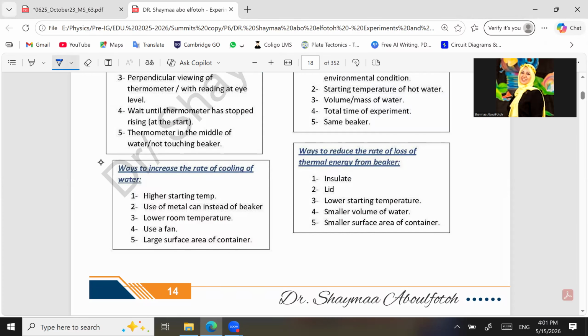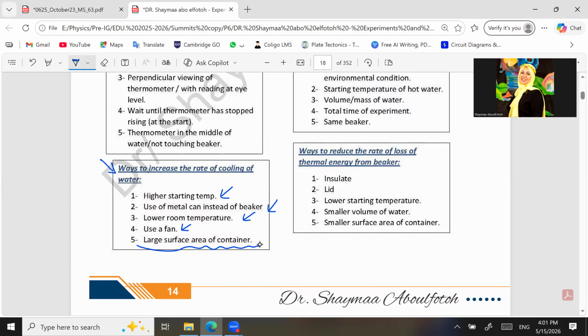Because we said at the beginning, we have some ways to increase the rate of cooling, like starting at a higher temperature, use of a metal can instead of the beaker, lower the room temperature, use a fan and a large surface area of the container. But if I want to reduce the rate of loss of thermal energy, I can insulate by using a lid, lower the starting temperature, use a smaller volume of the water, and a smaller surface area.